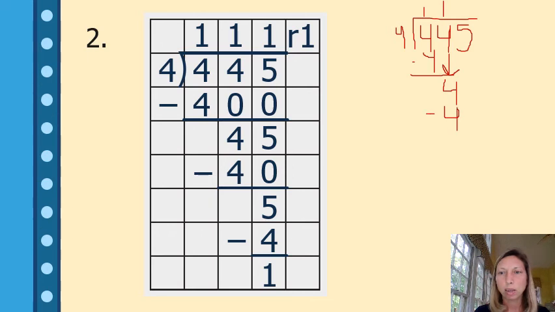Subtracting that, I get 0. So I bring down my 5. 5 divided by 4 is 1. 1 times 4 is 4. Subtract, and I get 1. That's a remainder of 1.